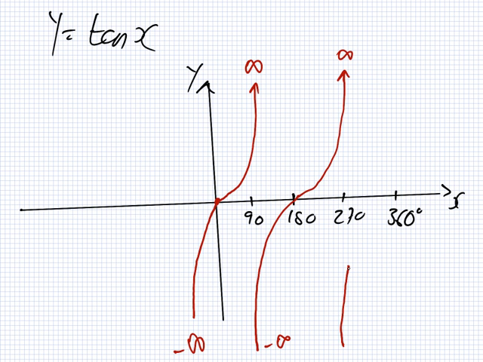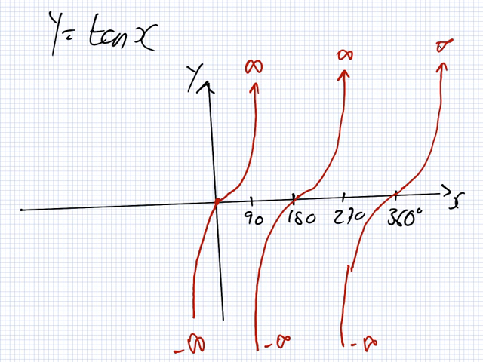And again, once it passes 270, it's coming up from minus infinity, and then, oh, hang on, if I got this right. No, sorry, I've done something. 90, yeah, no, that's it. It comes up from minus infinity again, and then it goes through 360, and then 450 is the next time it hits up to infinity.